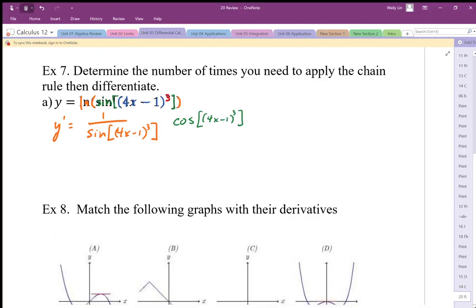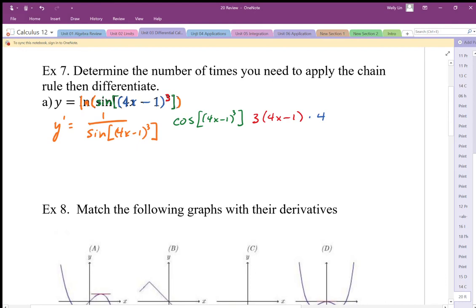The next embedded function is a cube, so we end up with 3 times 4x minus 1 squared. And then the most inside function is a 4x, so I times by 4. So there is my derivative.